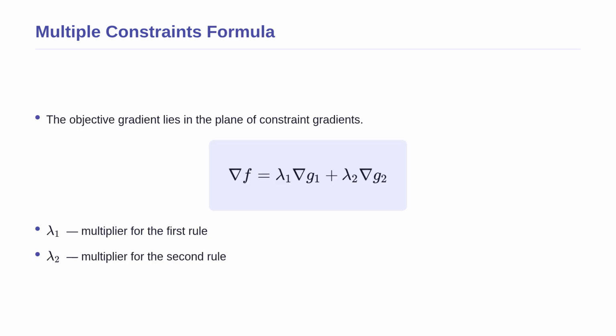In this expanded formula, the steepest uphill direction of our goal is now a blended combination of the steepest directions of our rules. We have lambda 1 for the first rule and lambda 2 for the second rule. When building the Lagrangian function, we simply subtract lambda 1 times the first constraint and then subtract lambda 2 times the second constraint, taking derivatives just like before. The math remains beautifully consistent.